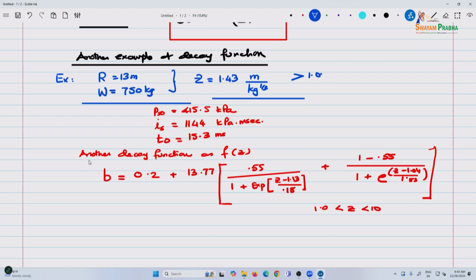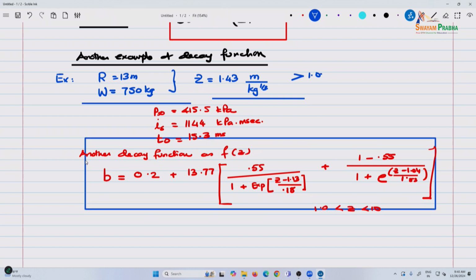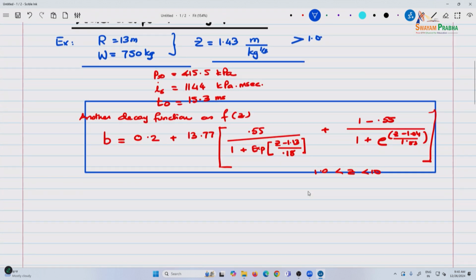So as you can see, the decay function is clearly not a constant, and it is a highly complex function. If you calculate in this case, for Z equal to 1.43, b comes to 4.48.